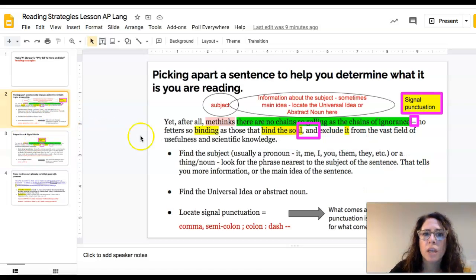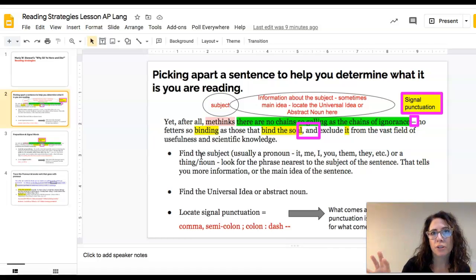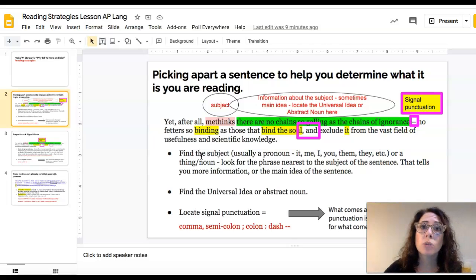And then finally, we are locating the subject and the verb, the core sentence. We're isolating it, and know that what comes after that core, sometimes before that core, will be your main idea. You locate that universal idea or abstract noun, and then you can also locate your signal punctuation. Remember that punctuation is gold in a sentence.